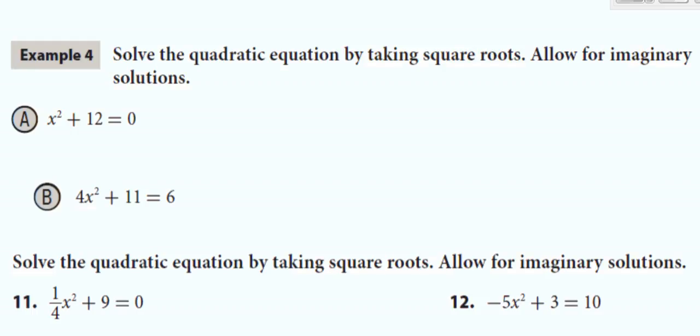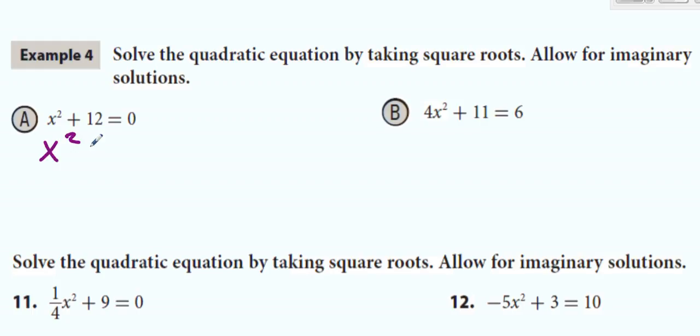So we can solve slightly harder questions the exact same way that we were before, except this time they're going to be imaginary. So, for example, A here, we're going to move that 12 over. We're going to take the square root and solve it out. So you get x squared equals negative 12. And then we're going to square root both sides.